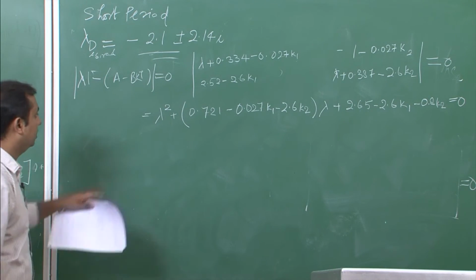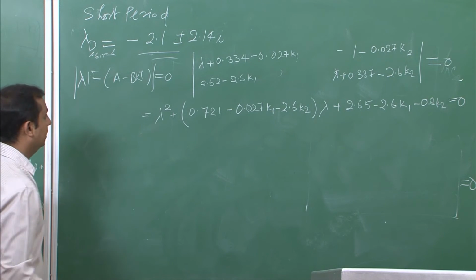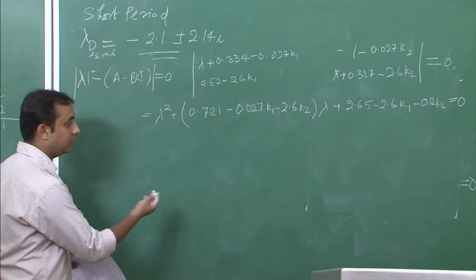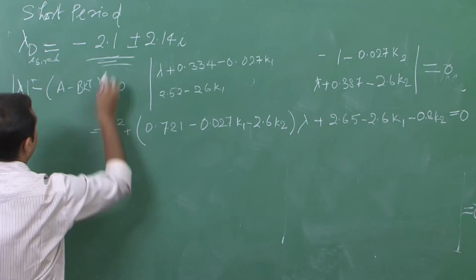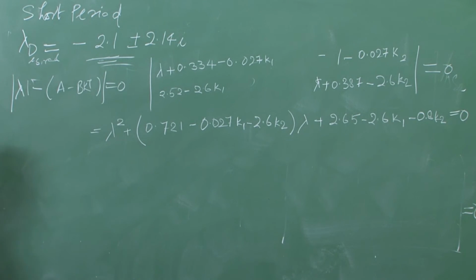This is the characteristic equation of my new matrix, and the roots of this characteristic equation should be as desired, minus 2.1 plus minus 2.14i.